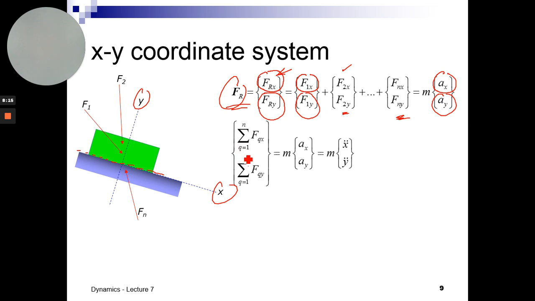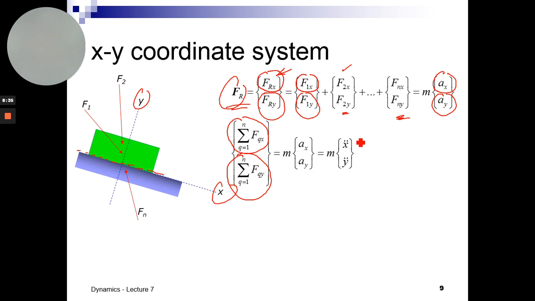So the equation is the sum of external forces at the X axis and the sum of forces at the Y axis equal to ma_x and ma_y.